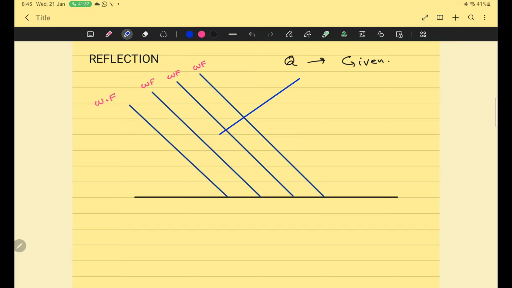And a wave is coming like this. This is the wave, and parallel lines are wavefronts.